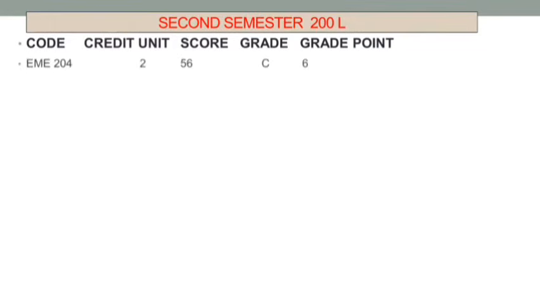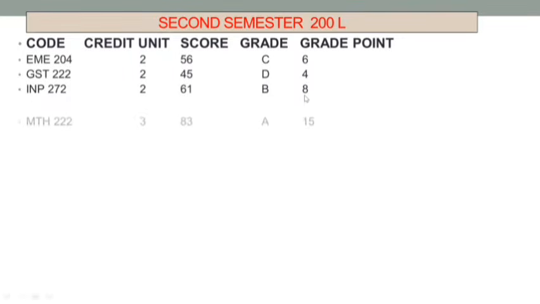Second semester 200 level, let's look at Mr. Boy's performance. He registered EME 204, 2 unit, score 56, which is C. He earned 6 points. Other course, GST 222, 2 unit, score 45, D, he earned 4 points. The grade point there is 4. Another one, he earned 8 points. Another one, score A, 15 points.